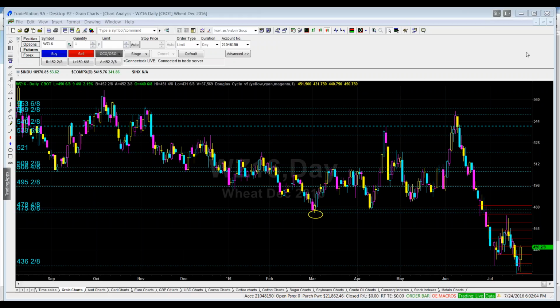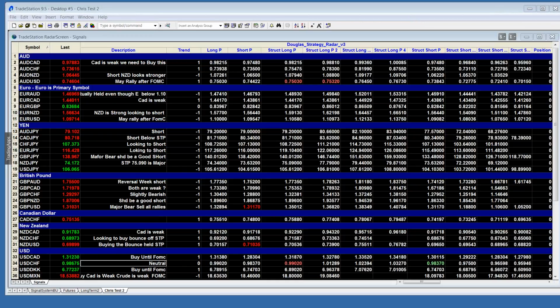And I did something additional for you, which is part of the new software, so that it helps you in your trading. You will see in the radar screen in front of you, and this is the image that you are going to get.